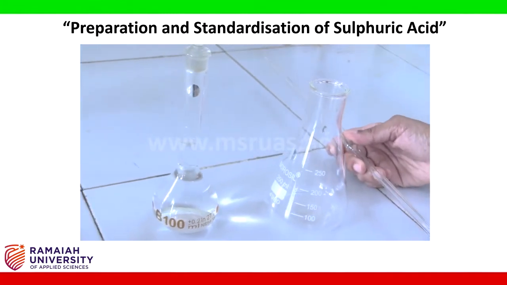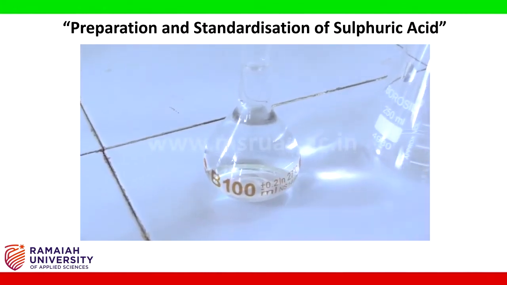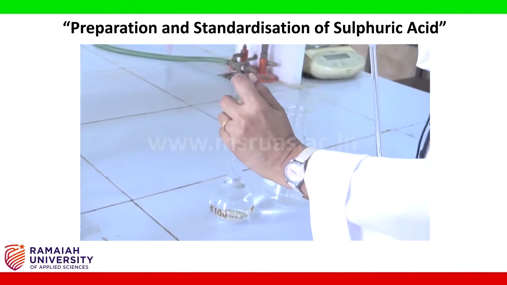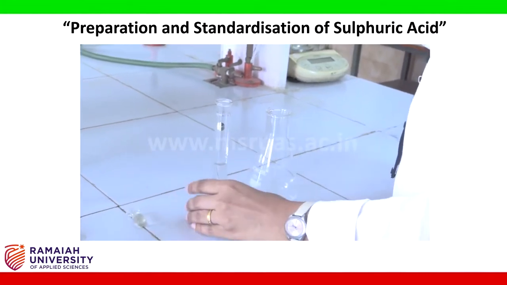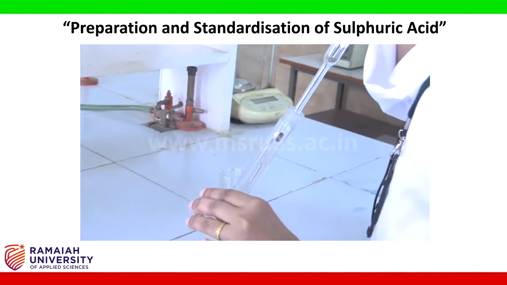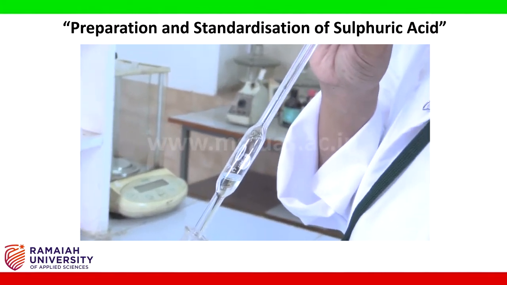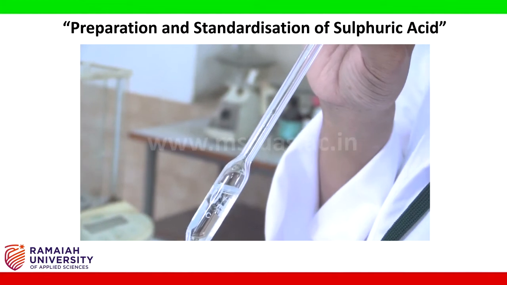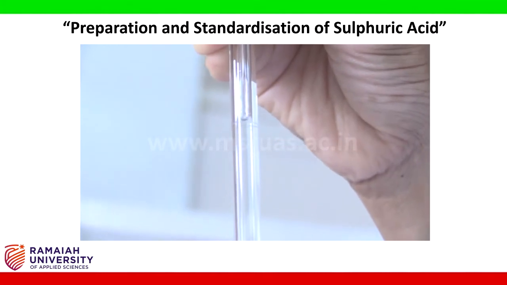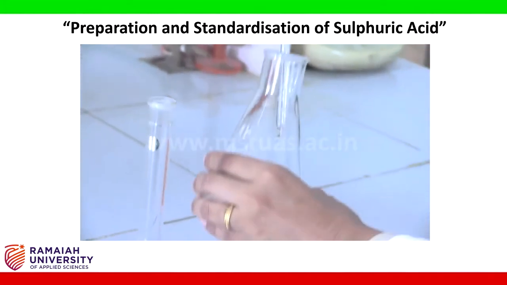After preparing 0.1 normal of primary standard, that is sodium carbonate solution, pipette out 10 ml of this solution. Pipette out the solution up to the mark into a clean conical flask.